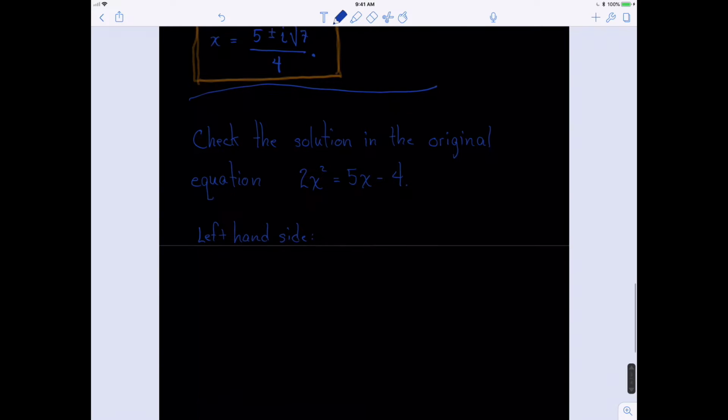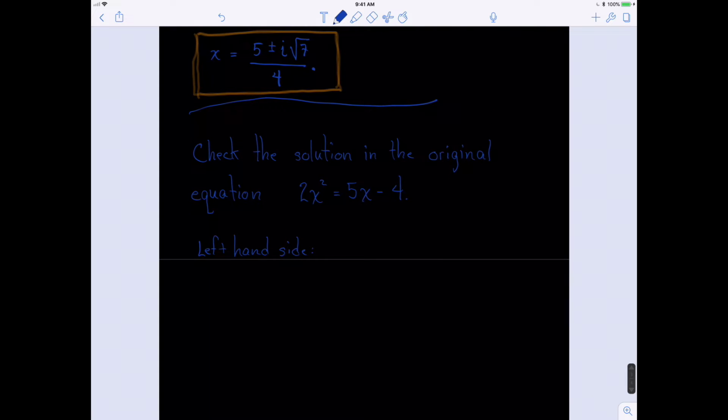So let's begin. We're going to start on the left side. We'll go 2 times x and we'll square it. So this is 5 plus or minus i times the square root of 7, over 4, squared.